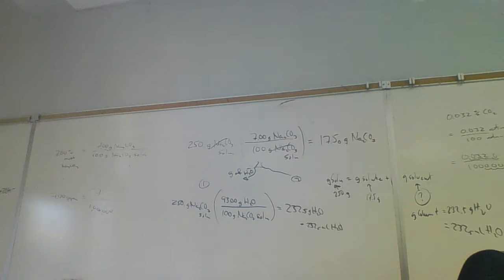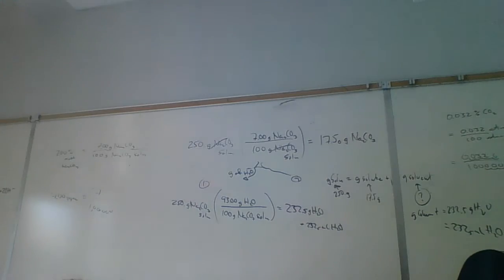Let's see how they did it. The first part is they just used some dimensional analysis to calculate grams of sodium carbonate, using the fraction. For percentages, we convert those into fractions. For ppm, we convert them into fractions. For ppb, we convert them into fractions. These fractions are used in dimensional analysis as conversion factors.